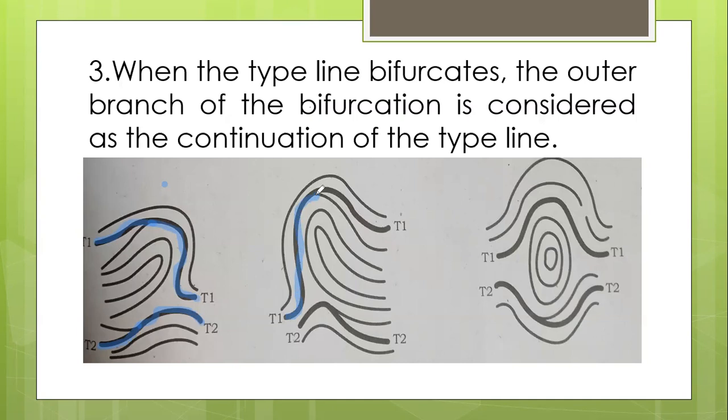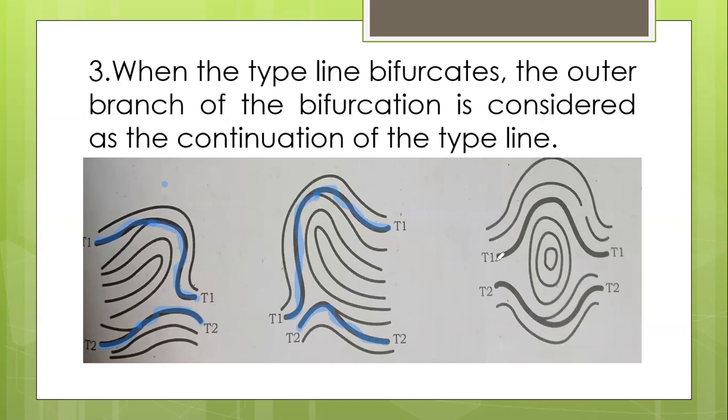Again, the rule says, when it bifurcates, always consider the outer bifurcation as the continuation of the type line. On the other hand, this T2 or type line 2, when we trace, again bifurcates, consider the outside bifurcation as the continuation of type line.